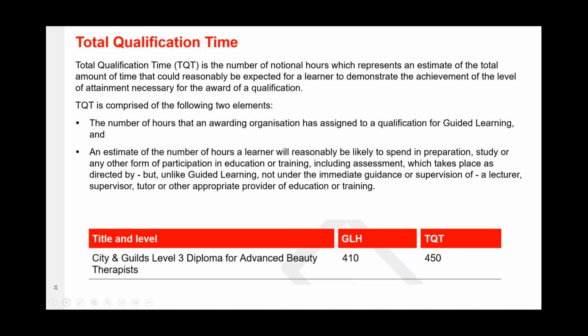So there is an element of them learning on their own, and that could be from doing their own sort of research, maybe, if they're already in employment and working say with a product house, they may do further training that can be put against the total qualification time.